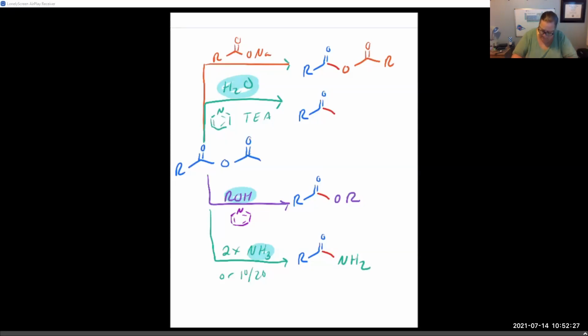Looky there. Everything that we just talked about with acid chlorides, only we don't typically react them with carboxylates. So we'll take off this top reaction, but everything else is exactly the same. No difference. The mechanisms are exactly the same.